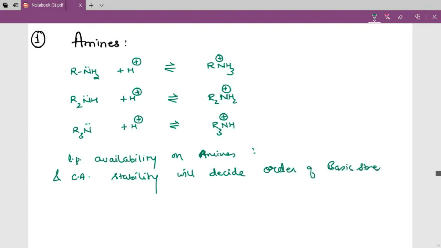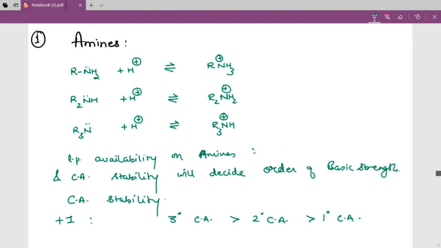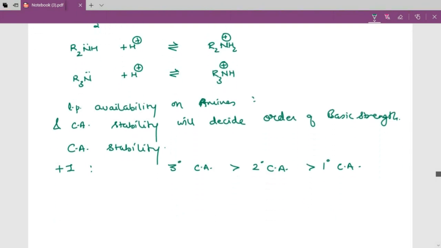Now, conjugate acid stability depends on two factors. First is plus I. Using plus I, we can say the 3-degree conjugate acid is most stable, then the 2-degree conjugate acid, then the 1-degree conjugate acid. There is one more factor: H bond with solvent.